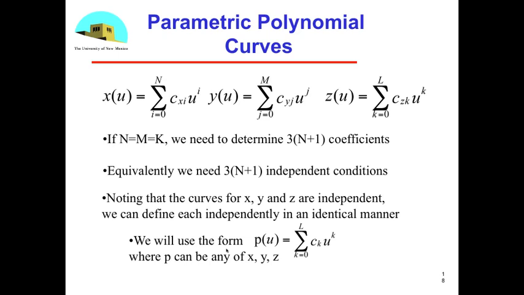But they're of the form c0 plus c1u plus c2u squared, and the constant c's could be different for the x, y, and z, and generally will.